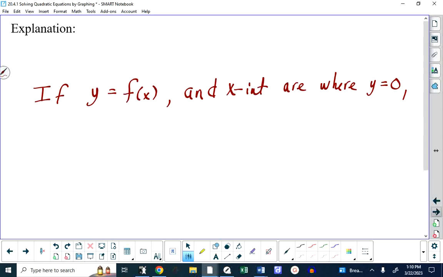You said the same thing. If y equals f of x and the x-intercepts are where y is 0, then 0 equals f of x leads to the x-intercepts. The solutions to that equation have to be the x-intercept of the corresponding function.